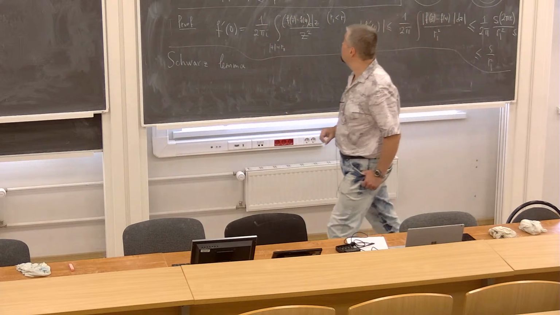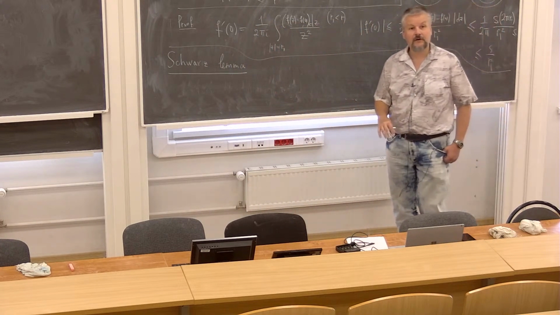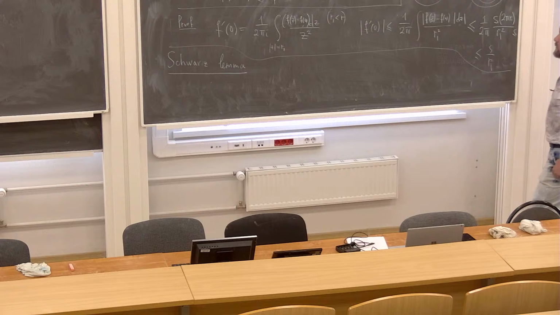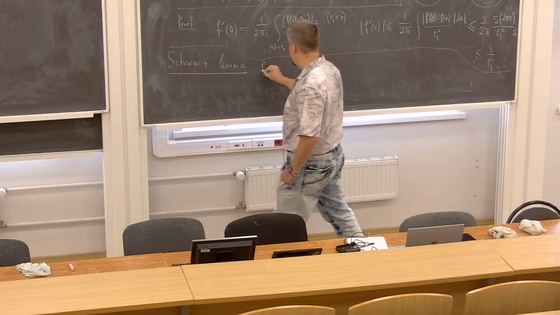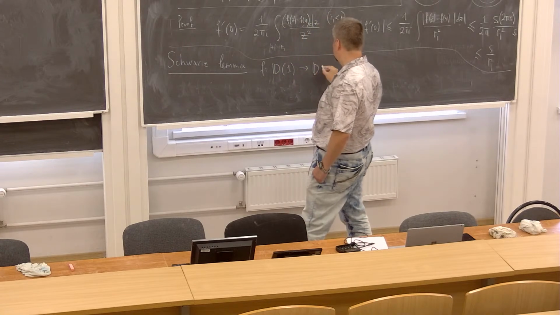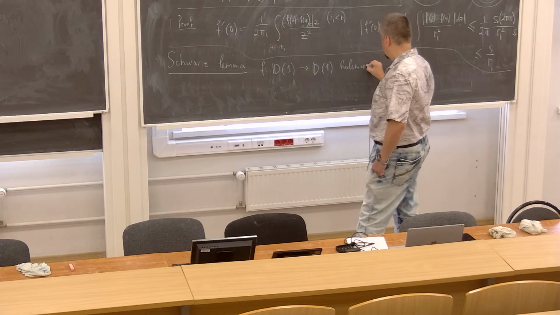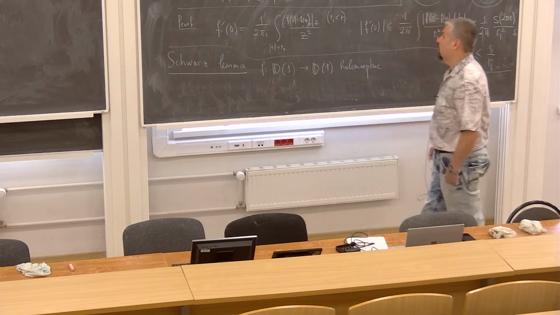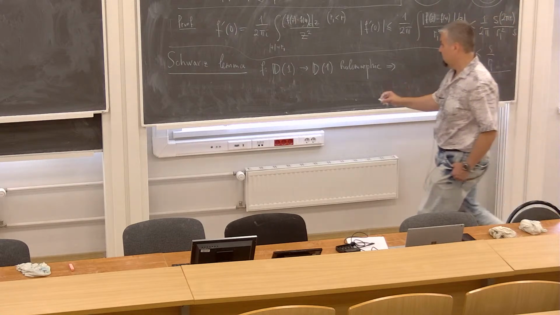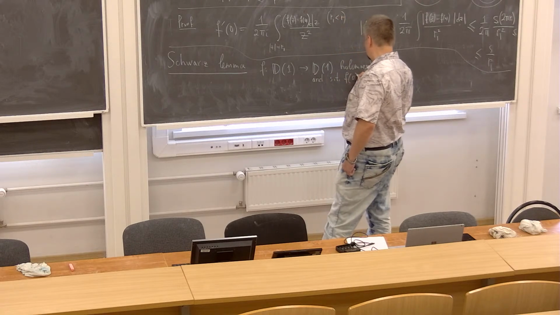But anyway, the Schwarz lemma says that if we have a holomorphic map from the unit disk D of 1 to itself, holomorphic, such that 0 goes to 0.